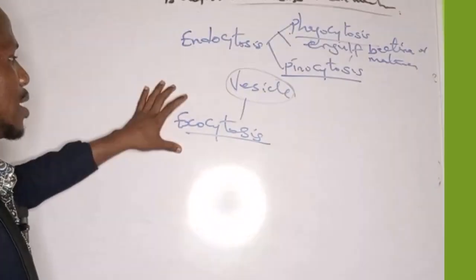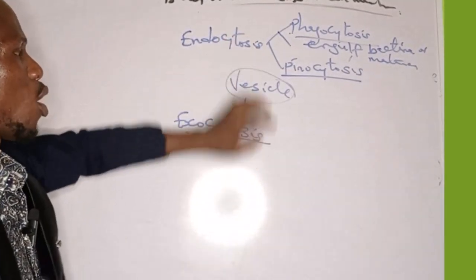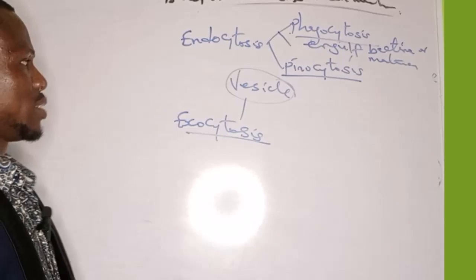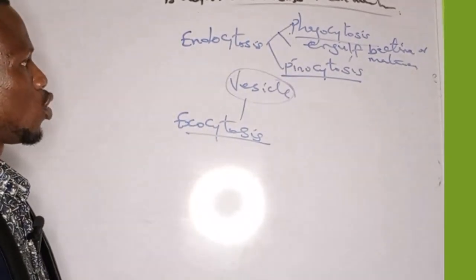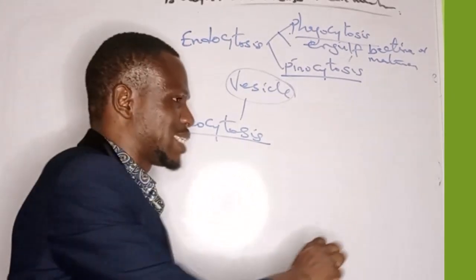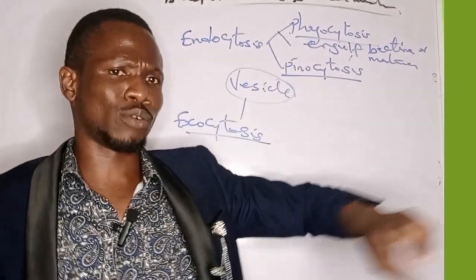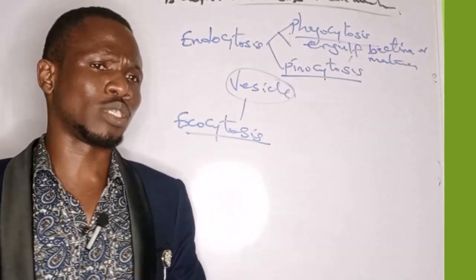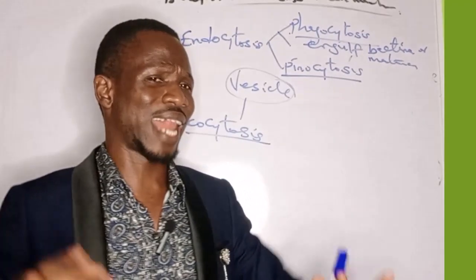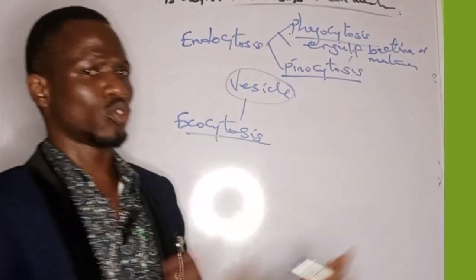So these two processes use vessels of the plasma membranes, or the cell membranes, to take materials into the cells or out of the cells. They are known as bulk transport because they can carry a lot of materials, large molecules, out of the cells or into the cells.